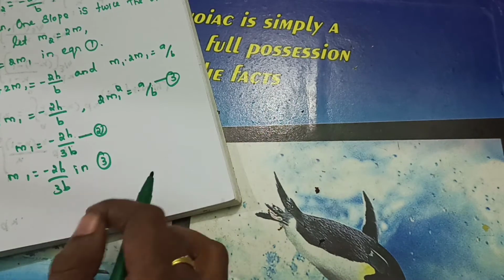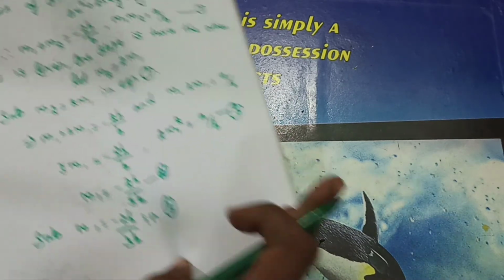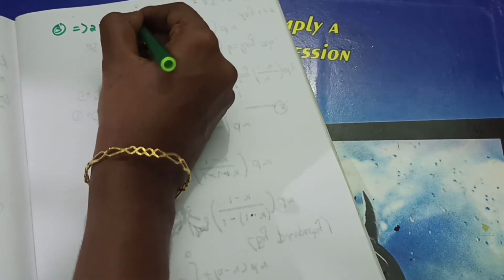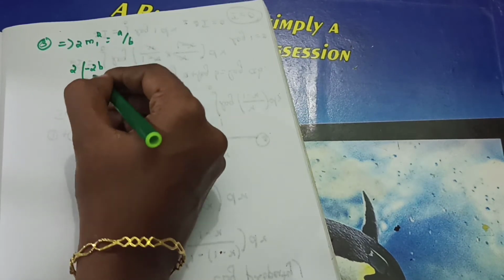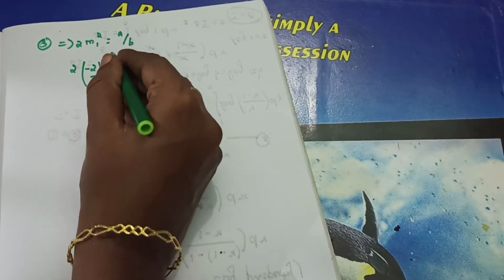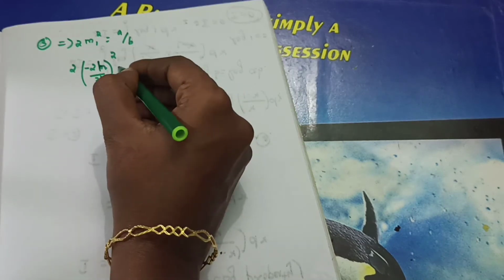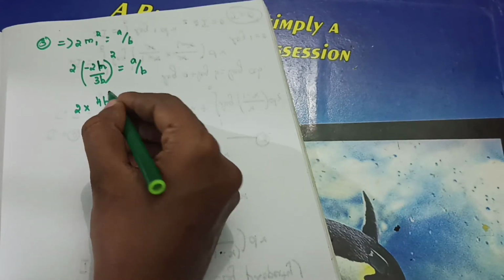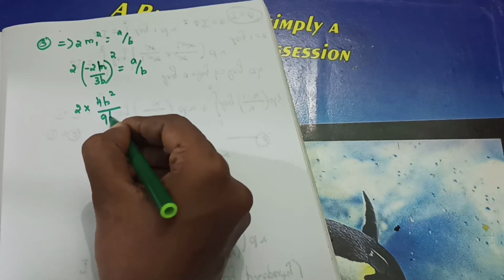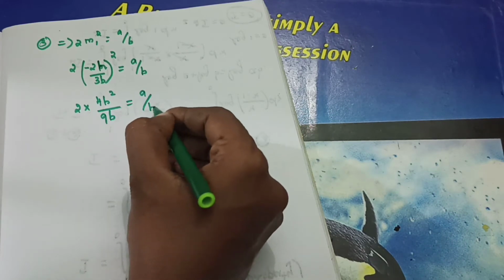So what will happen here? The third equation is 2m1 square is equal to a by b. Now substitute this value here. So 2 into minus 2h by 3b the whole square is equal to a by b. So 2 into 4h square divided by 9b square equals a by b.